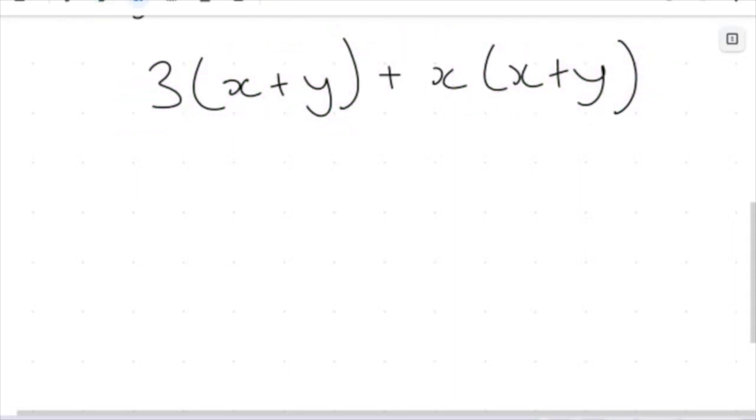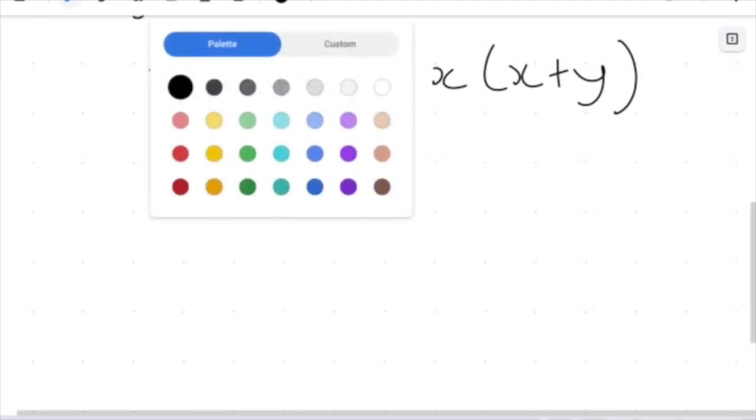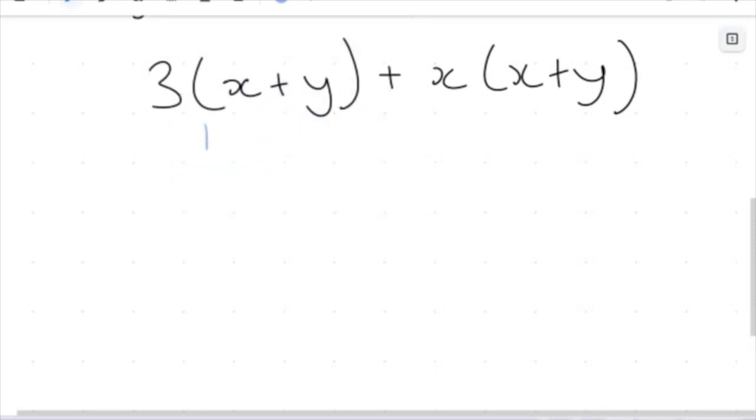But we can start this off just by looking at some similarities. Do you see anything that is similar between these two expressions? 3 outside of x plus y and x outside of x plus y. Well, they both share this common factor. What's important to know is that even though we don't know what x plus y are, these are algebraic terms, we know that these x's are the same and these y's are the same.